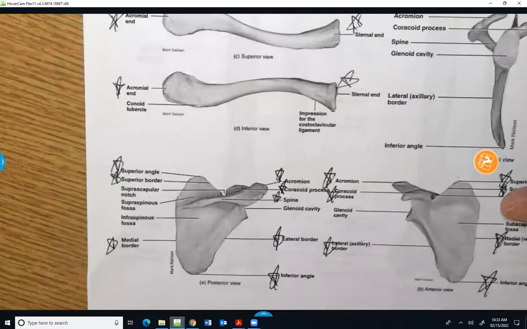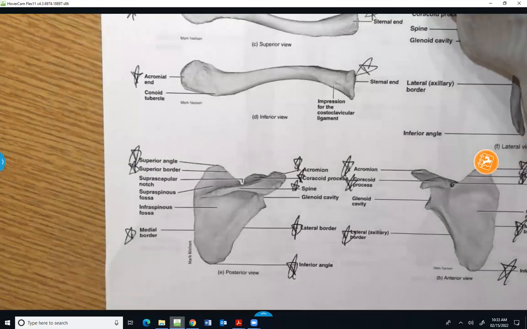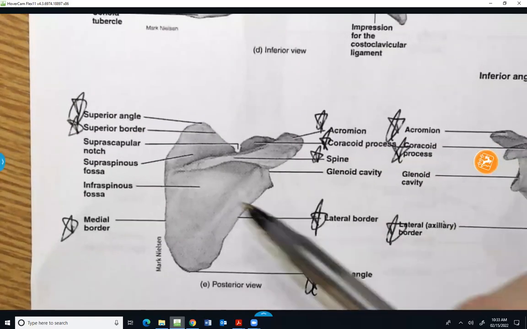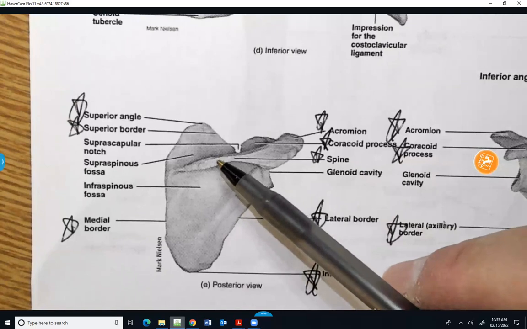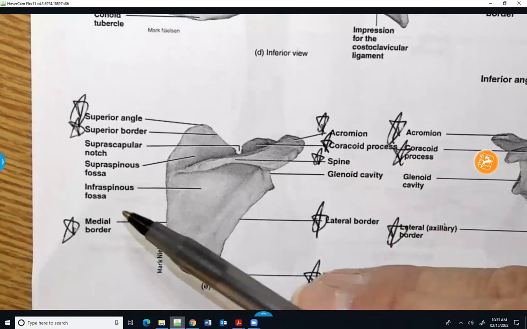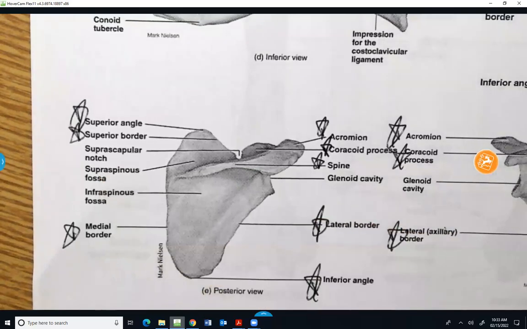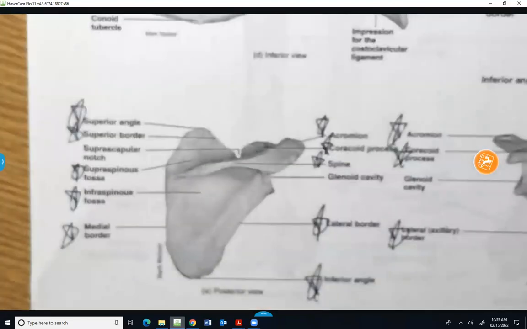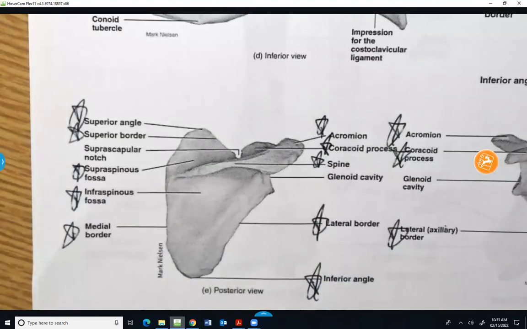Now, going back to our posterior view, I'm going to zoom in a little bit. Using our spine as a landmark, we have a space above and below it, which are named based on their location relative to the spine. Above and below are where you find the supra and the infraspinous fossas.